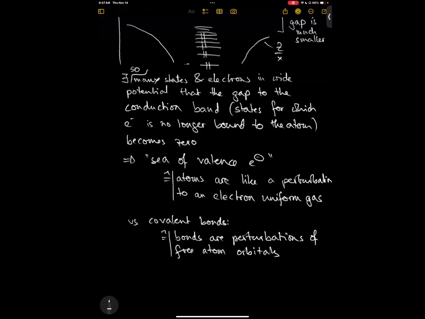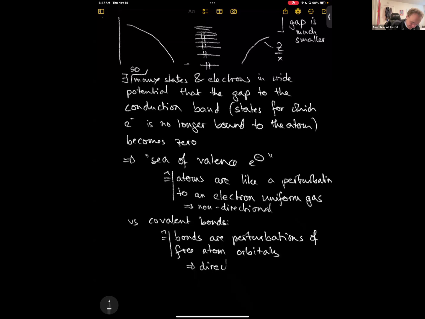So it's very non-directional, right? Non-directional. And this is very directional.